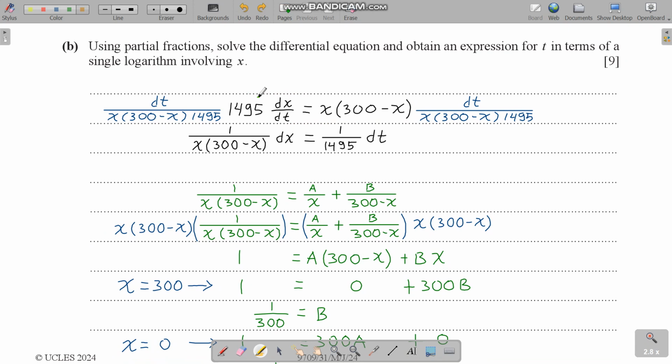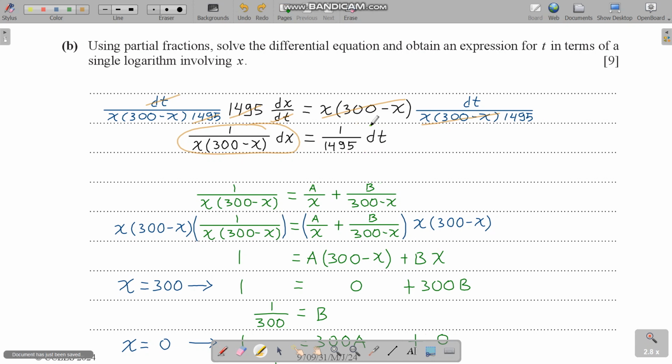So multiply both sides by dt over x times (300 minus x) times 1495, and you can cancel out. On the left you have only 1 over x(300 minus x) dx, and on the right you have 1 over 1495 dt. So we have separated the variables.